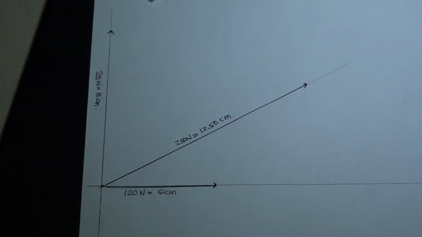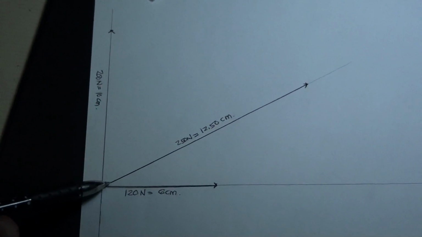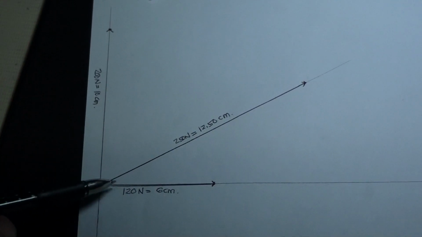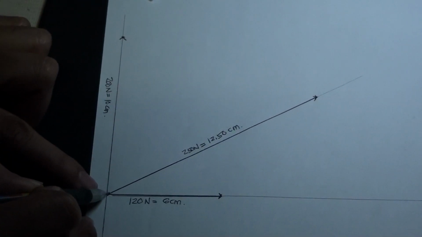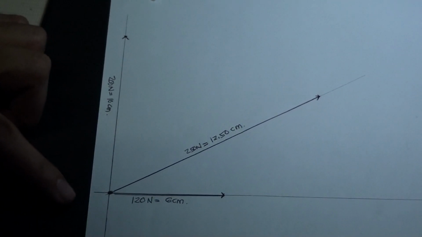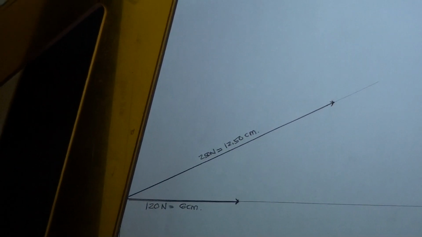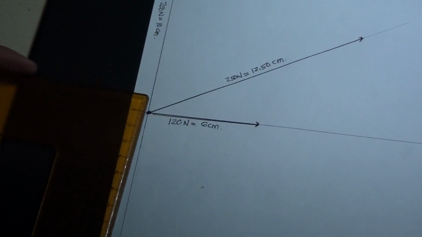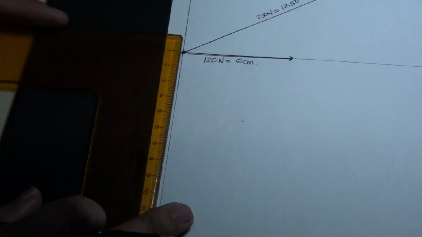Okay, so you have noticed the difference between the parallelogram method compared with the closed polygon method. You have to place all the vectors, starting points all at the same time at this point. So we have one more, which is 300 Newton, which is equivalent to 15 centimeters. So we shall have it plotted here. So 15 centimeters.